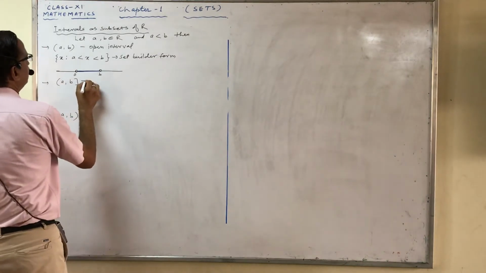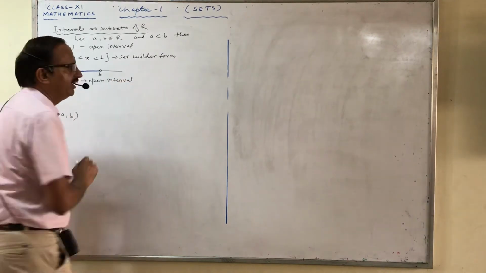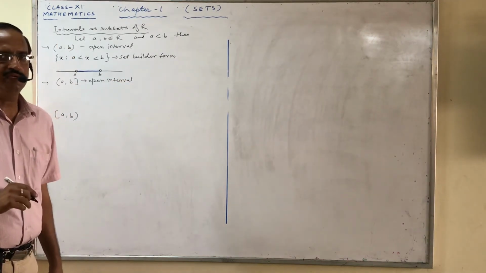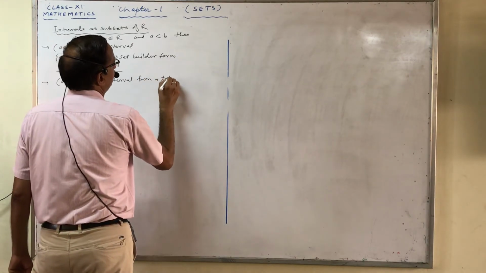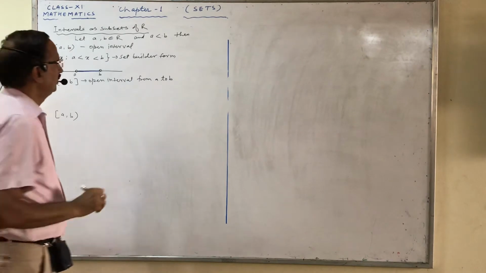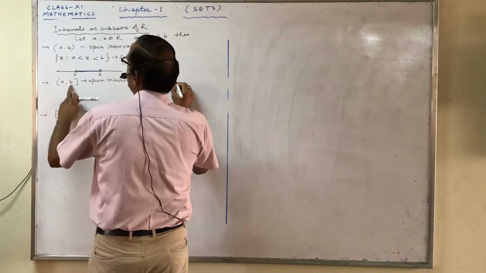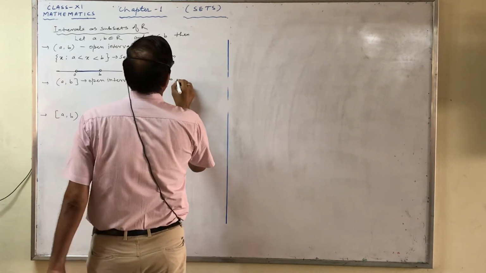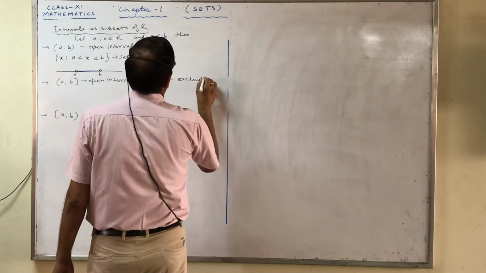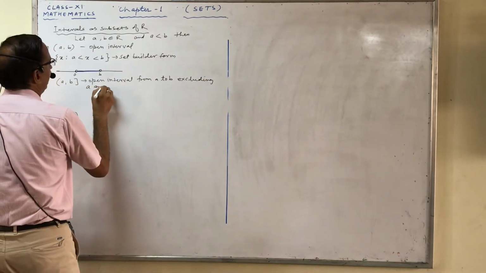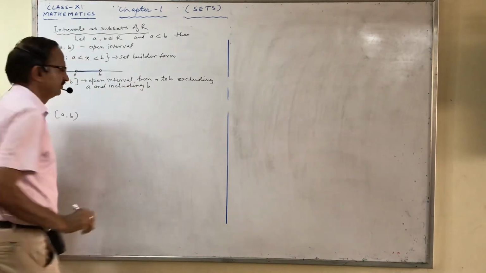So this is also open interval from A to B, including B, excluding A, or you can write excluding A and including B.